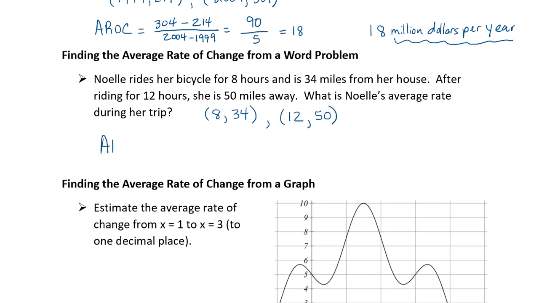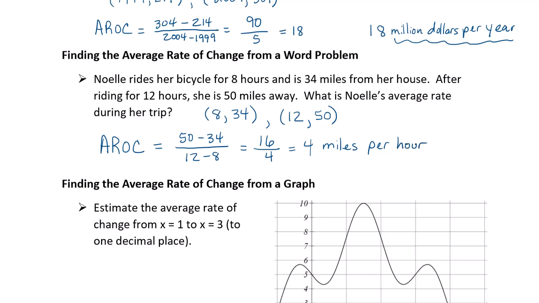So the average rate of change is going to be 50 minus 34. That's the change in her distance, divided by 12 minus 8, the change in hours, so we know how many hours she was biking between these 2 points in time. So I have 16 divided by 4, and that is 4, and that is in miles per hour. Her average rate of change.